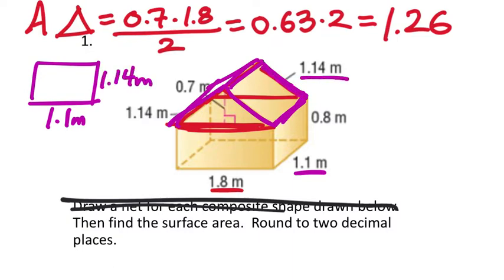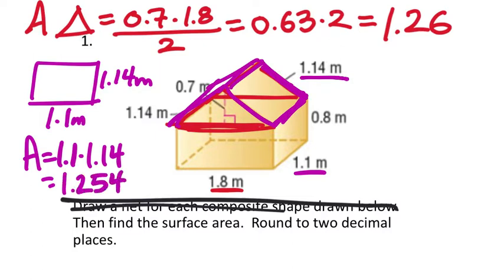So I want the area of that rectangle, which is 1.1 times 1.14, which in my calculator gives me 1.254, and again, that's in square meters. But it matches this one on the back side right here, so that's going to multiply by 2, which gives us the total area. Looks like I need this space down here.